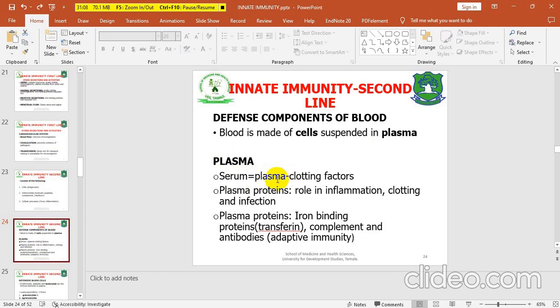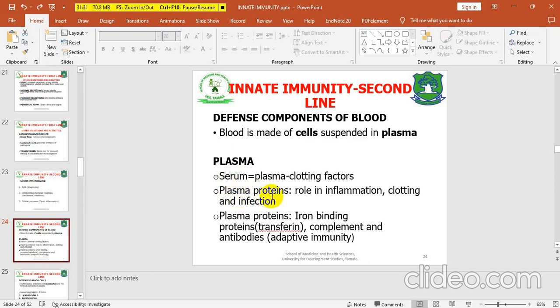After clotting, the yellow liquid that you pour out is what we call serum. But if you put it in an EDTA tube, it does not clot, so it will have the clotting factors. That's the difference between blood plasma and blood serum. You have to find the difference. It's very important. You'll be meeting it in the exams.